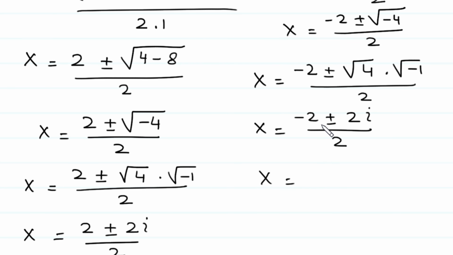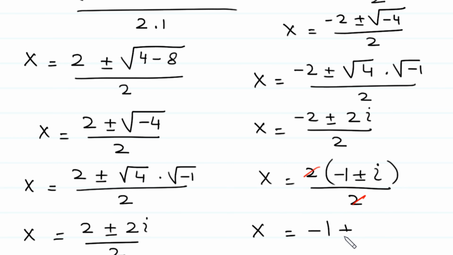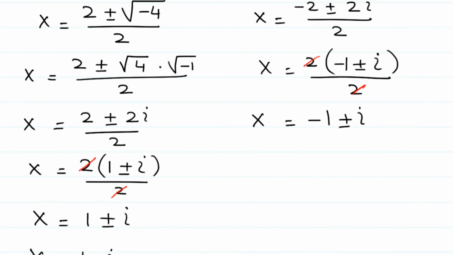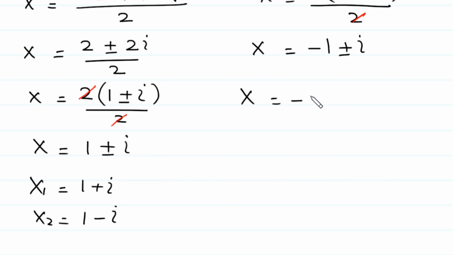x is equal to, here we can take 2 as common, and in the bracket we get minus 2 divided by 2 is minus 1, plus minus 2 iota divided by 2 is iota. x is equal to, this 2 will be cancelled with this 2, and here left minus 1 plus minus iota. x is equal to minus 1 plus iota and x is equal to minus 1 minus iota.